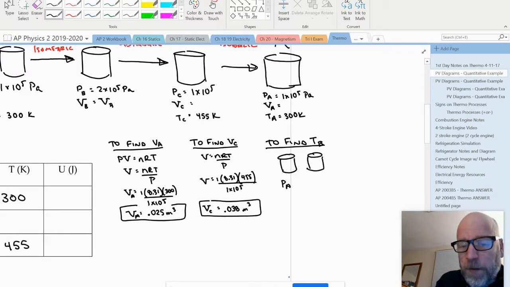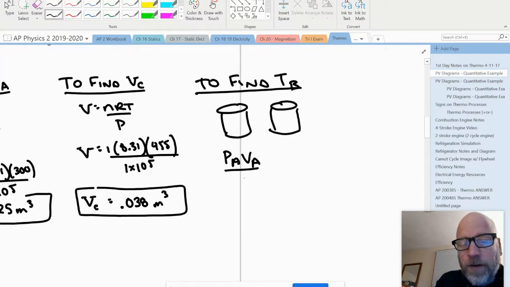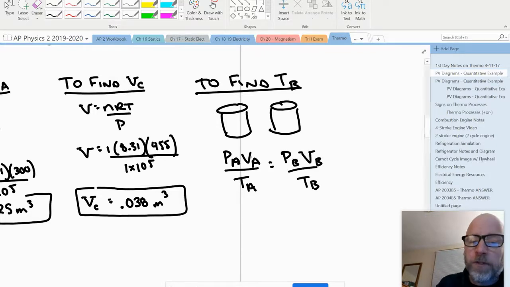I could say PA VA over TA equals PB VB over TB. Oh, and the volumes are the same. So for the temperature at B, I've got to cross multiply here a little bit.